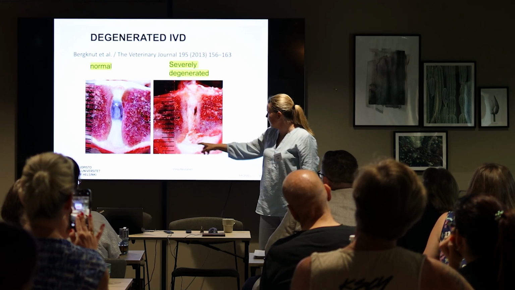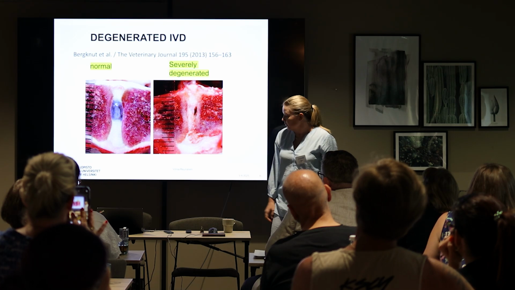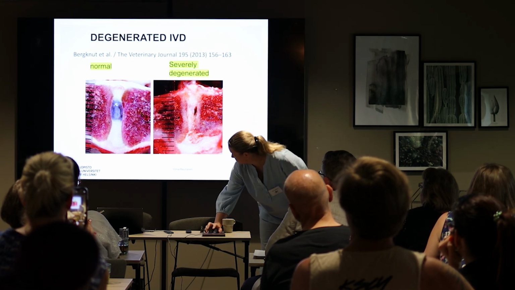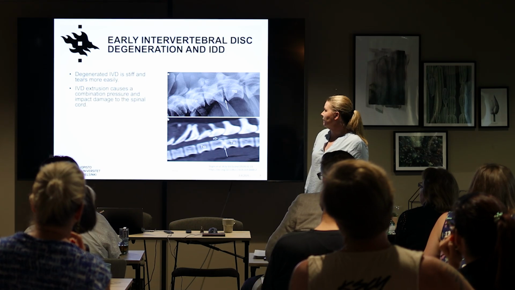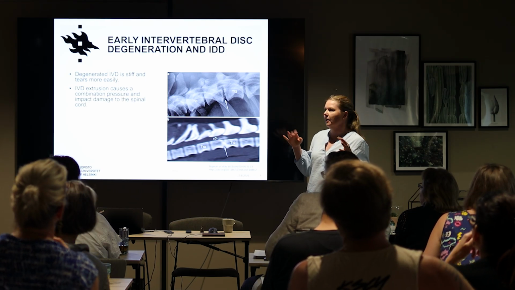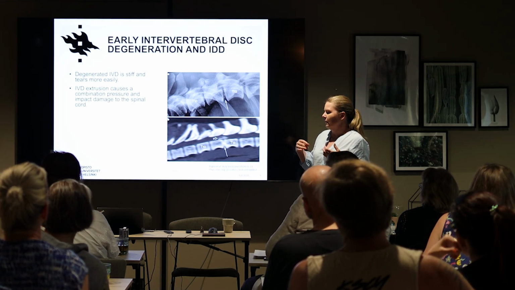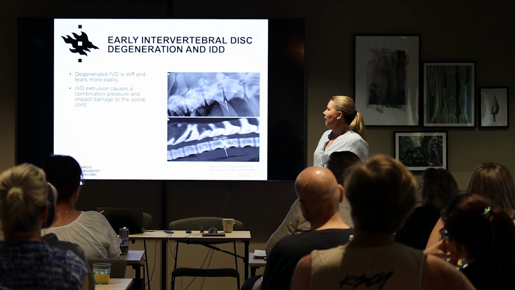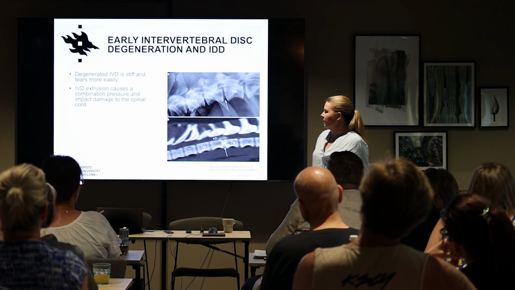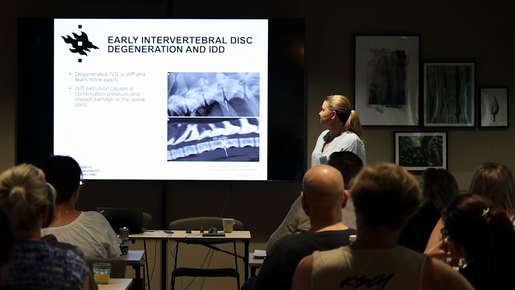Usually it doesn't extrude to the lower part. So when it's stiff and more degenerated, it usually already has some cracks in it, and then it tears more easily with the normal forces.